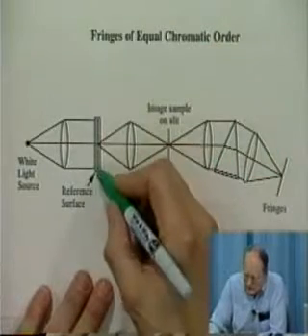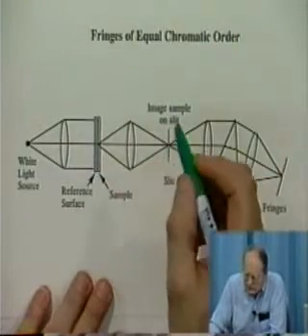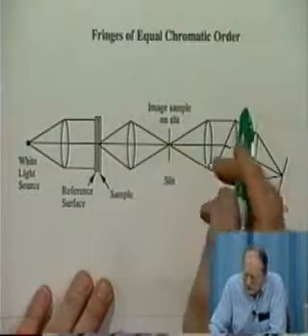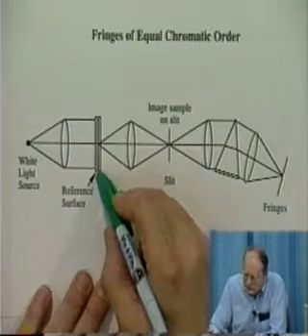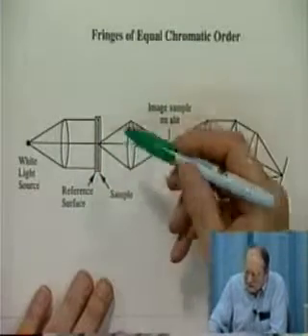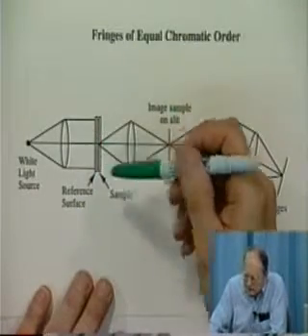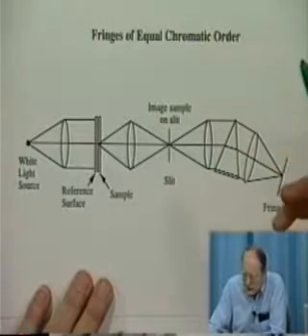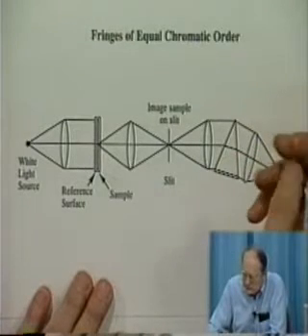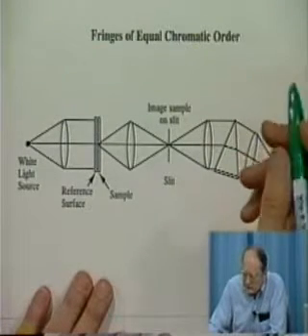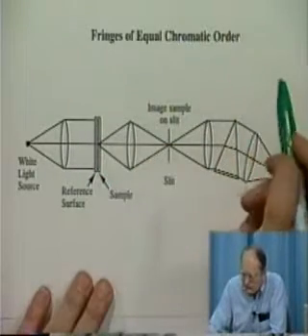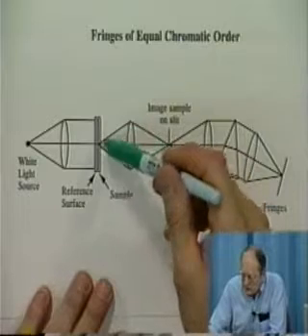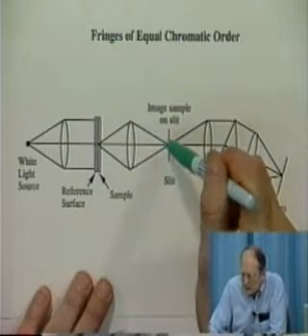And these two surfaces here are going to be coated to very high reflectivity. And then maybe that's one disadvantage here. We're trying to measure the flatness of this sample, and we do have to coat it to a high reflectivity because we need high finesse fringes. Okay? So, sample, reference, close together. We will image this onto a slit.